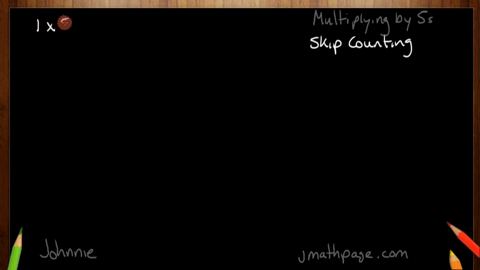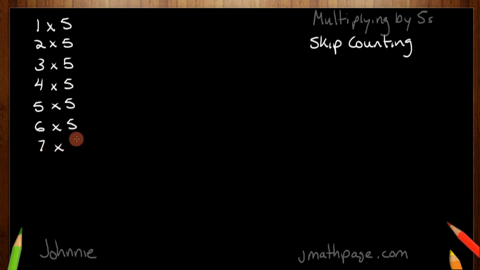1 times 5, 2 times 5, 3 times 5, 4 times 5, 5 times 5, 6 times 5, 7 times 5, 8 times 5, 9 times 5, and 10 times 5.